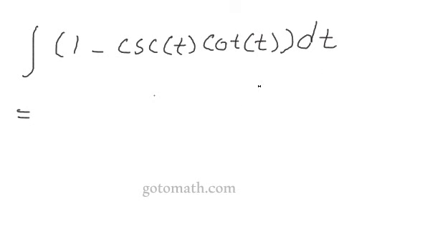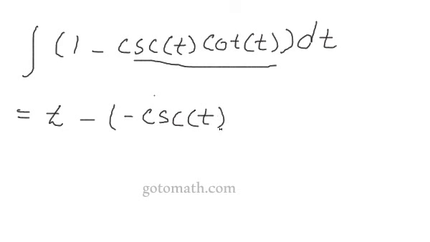Alright, the variable of integration is t, so the integral of 1 is going to be just t. And now the integral of this guy here. Remember, this is a minus sign, we're just going to carry this down. I'm going to start a parentheses here because the integral of this piece is one of those you have to memorize, and we end up with cosecant t plus c.